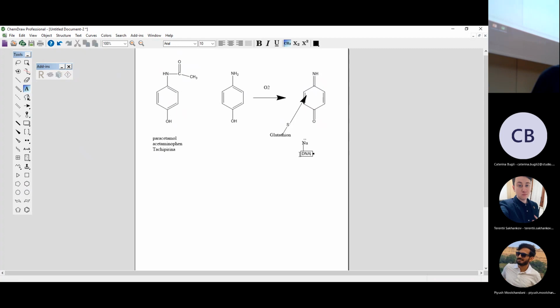So we can have a chemical reaction of the iminoquinone with important nucleophiles in the DNA, but also, for example, in the active site of the different enzymes. And so iminoquinone is able to block the activity of the important enzymes inside the liver.